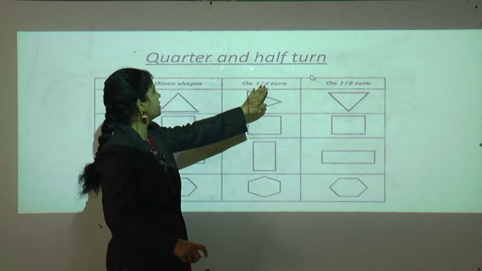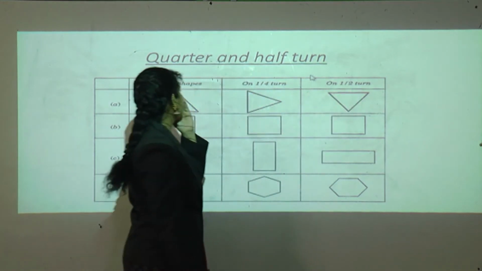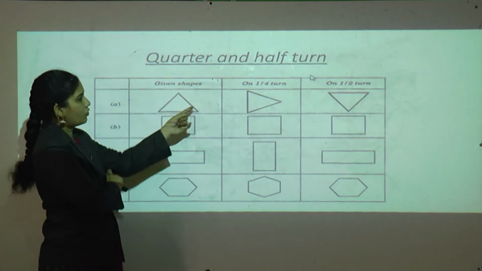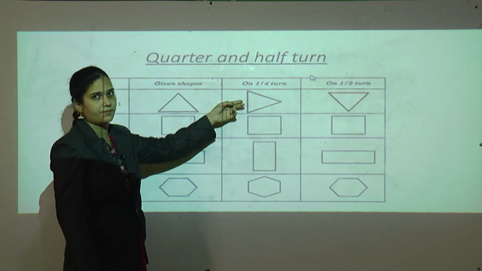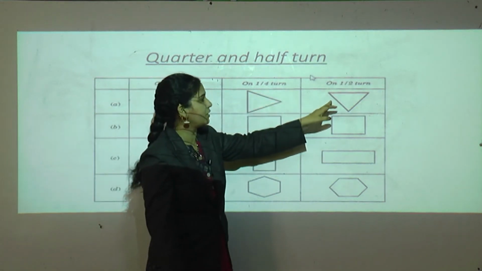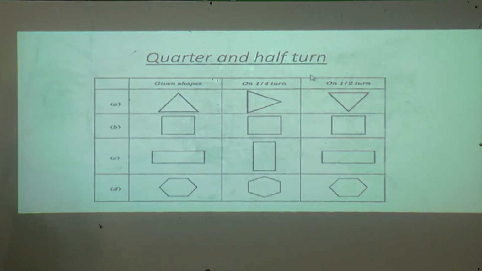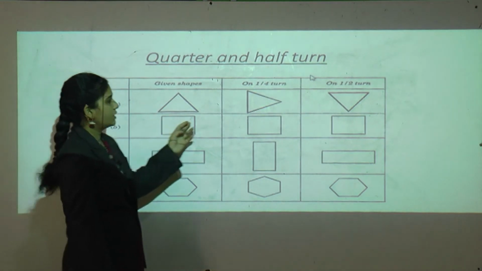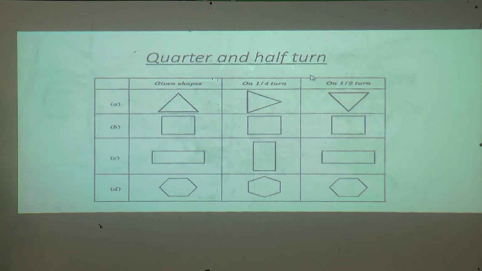So 1/4 means quarter turn and 1/2 means half turn. Say if we rotate the triangle in the clockwise direction, the triangle will look like this, and for half turn it will look like this. Again for this square, it will look the same for quarter and half turn also.